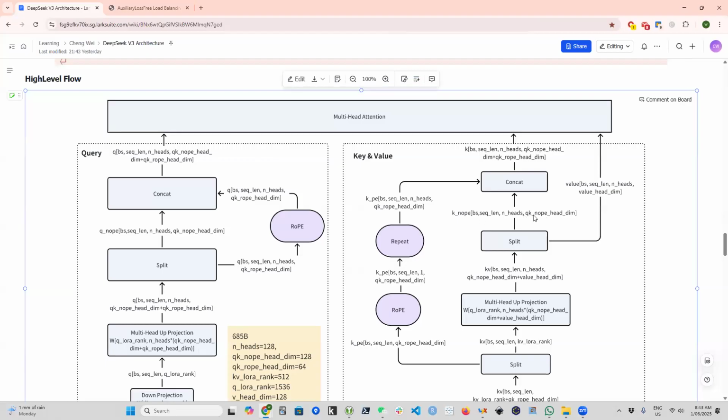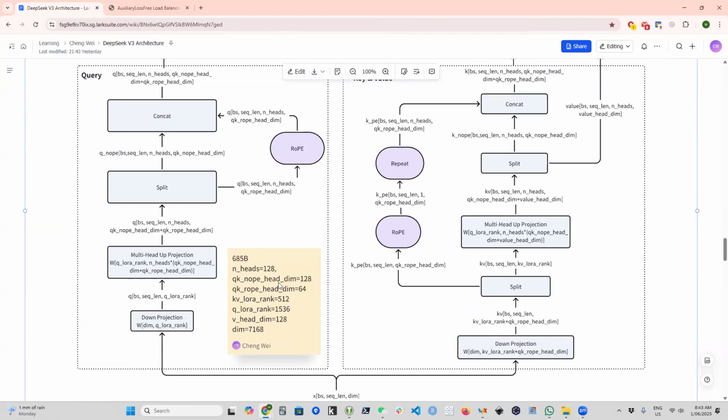This one has no positional encoding. This head dim is bigger. I will explain the intention. You see here, this one is 2 times bigger than the rope head dim.